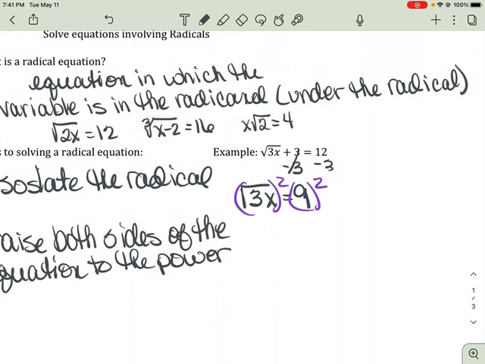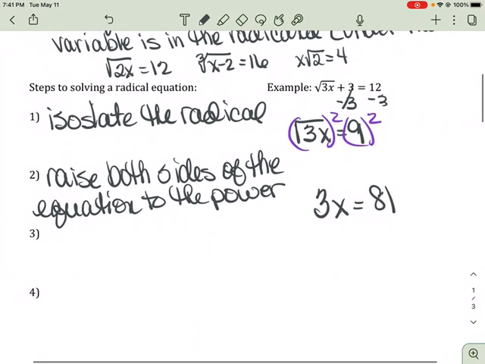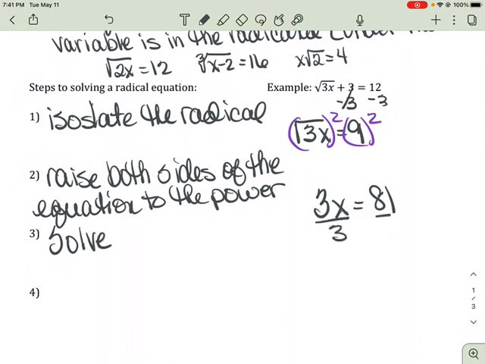Now when you square a square root, they cancel each other out. So we get 3x is equal to 9 squared, which is 81. Okay, so we're going to solve. In this case, I'm going to divide by 3. We get x is equal to 27.